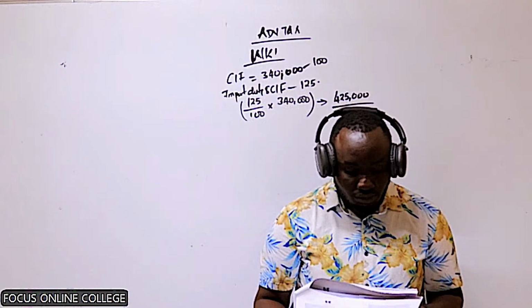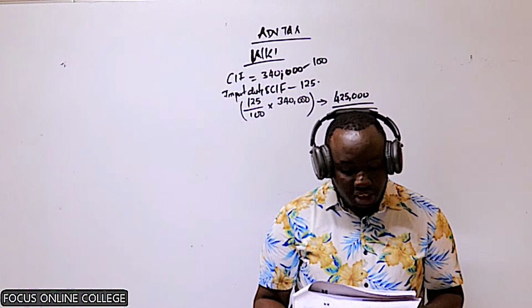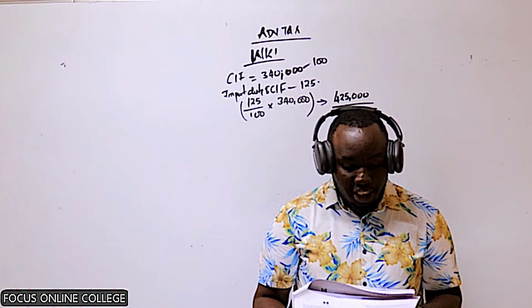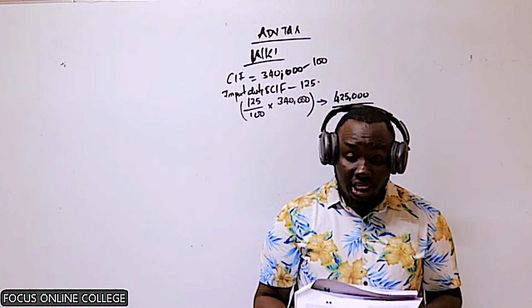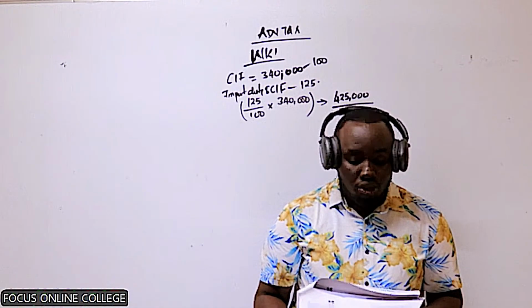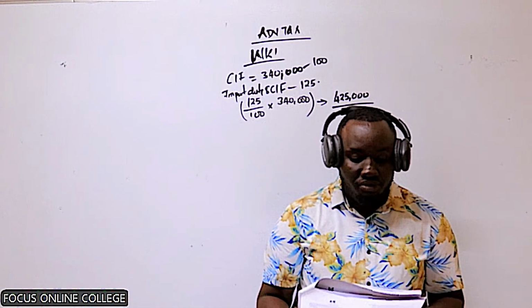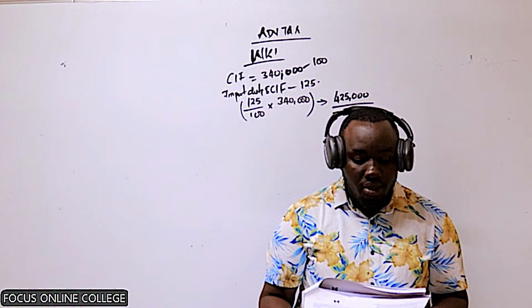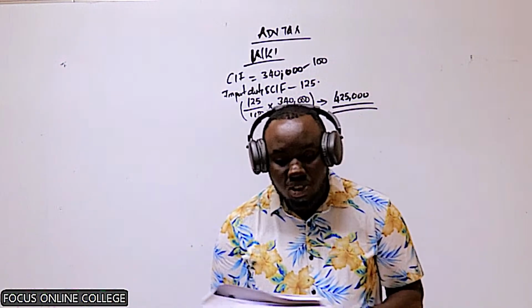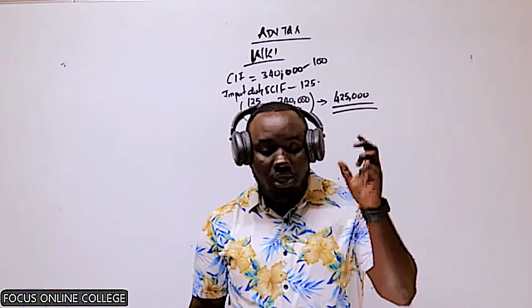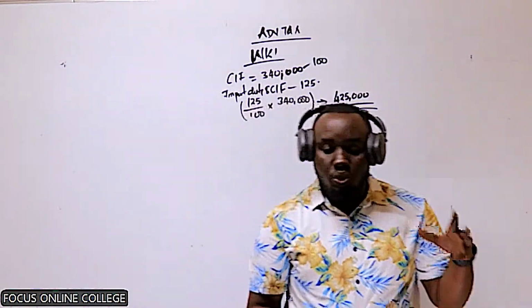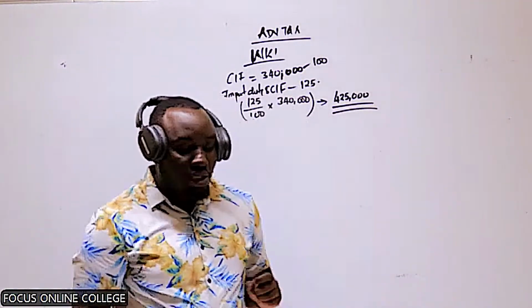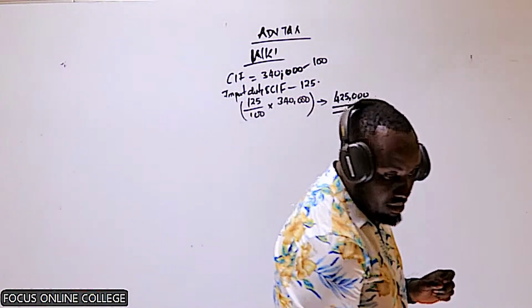Then you're told that we purchased oil and fuel of shillings 9,280 for a generator used in business. How do you treat that?